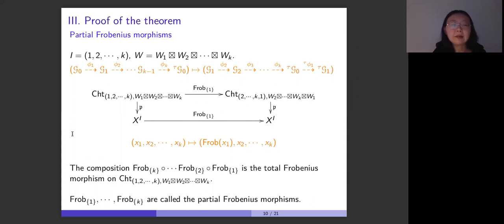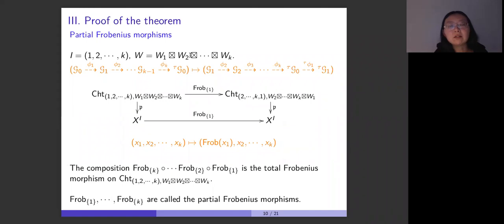So I begin with the partial Frobenius morphism on the stack of shtukas. We consider a stack of shtukas with I this set, and W is like this. So W is a representation of I copies of G hat.